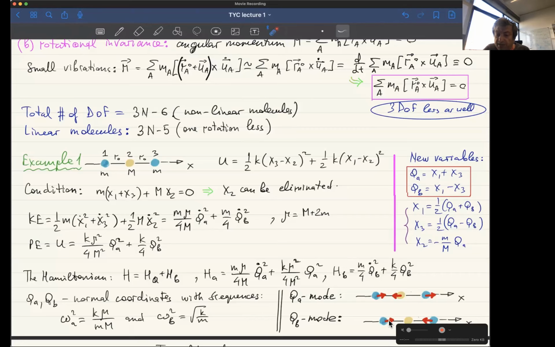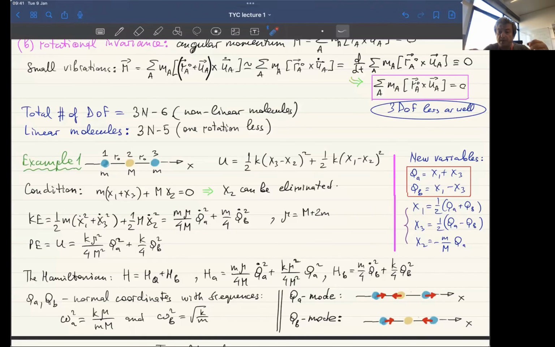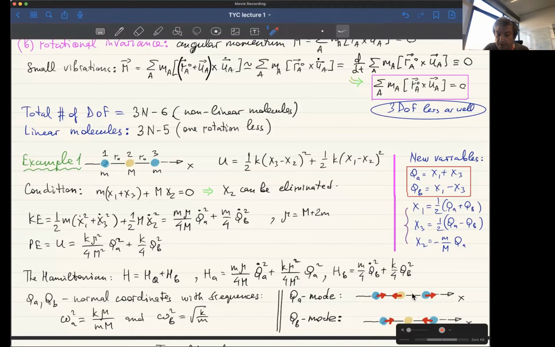So in this case, atoms oscillate like this. So in the mode B, atoms oscillate like this, and the central atom doesn't move. But in mode A, you have this kind of oscillation, but this blue atom moves in one direction, and the yellow atom moves in the other direction.